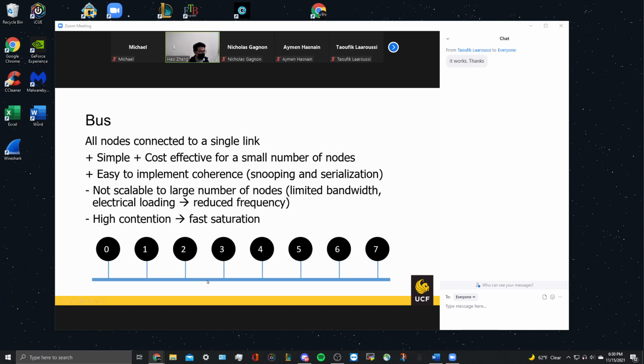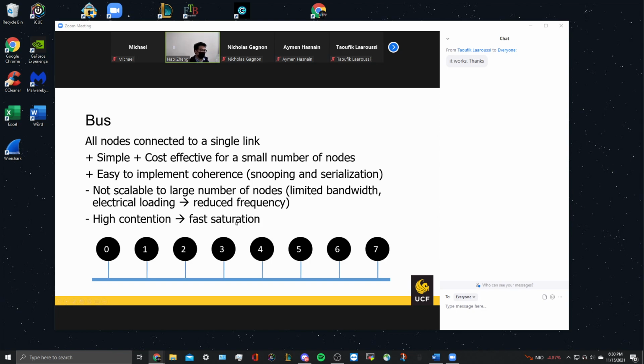Yes, all these nodes are listening and monitoring the activities happening on the bus. So the bus is the best way to implement snooping cache coherence. But the problem is it's not scalable to a large number of nodes because we have limited bandwidth.